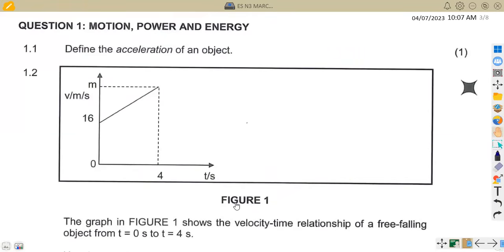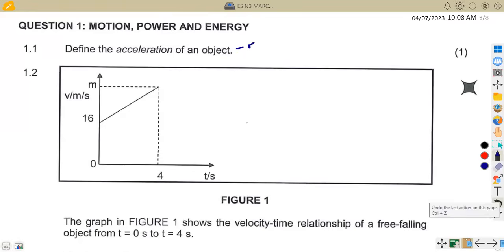Okay. Question number one, it was on ocean power and energy. On 1.1, define the acceleration of an object. That was 1 mark, just to define what is acceleration of an object. So acceleration is simply the rate of change of velocity.